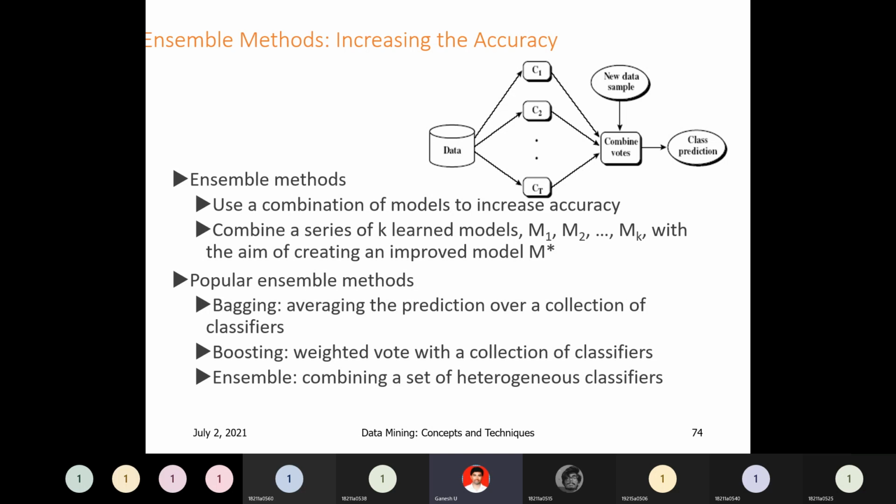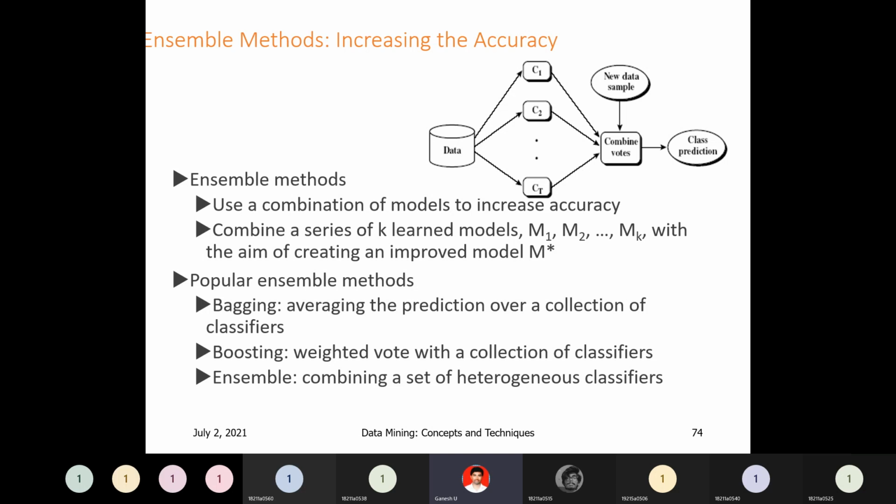Okay, the popular ensemble methods. Different popular ensemble methods are there. Before going to this, we will see another point. Combine a series of k learned models, M1, M2, M3, and so on up to Mk, with the aim of creating an improved model M star. Already we told, no?